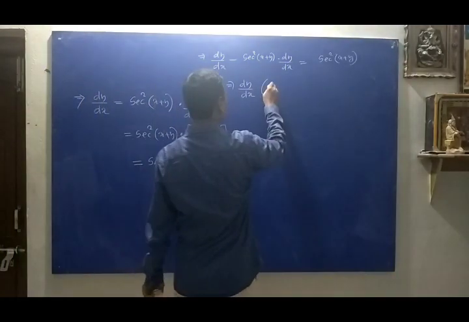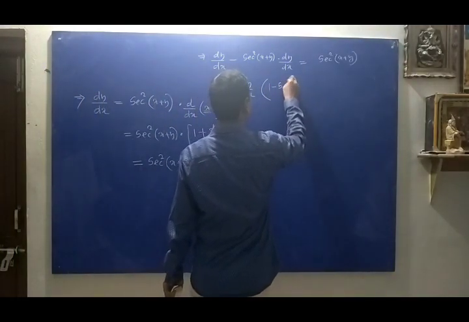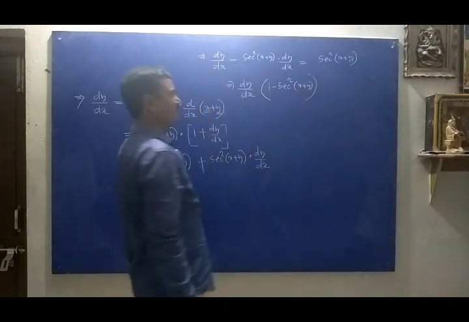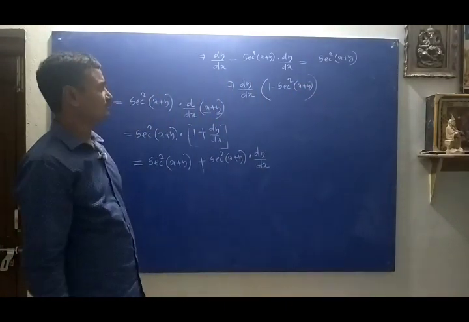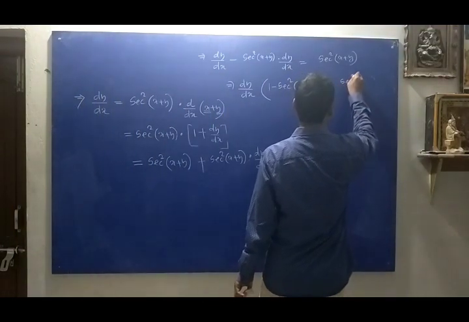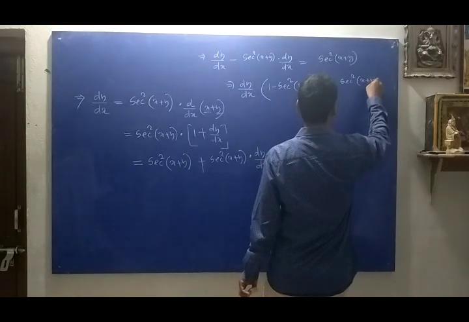What is the result? 1 minus sec square of x plus y is equal to sec square of x plus y.